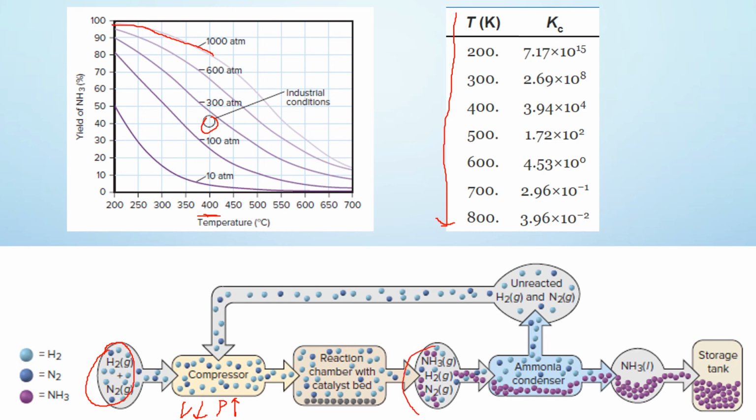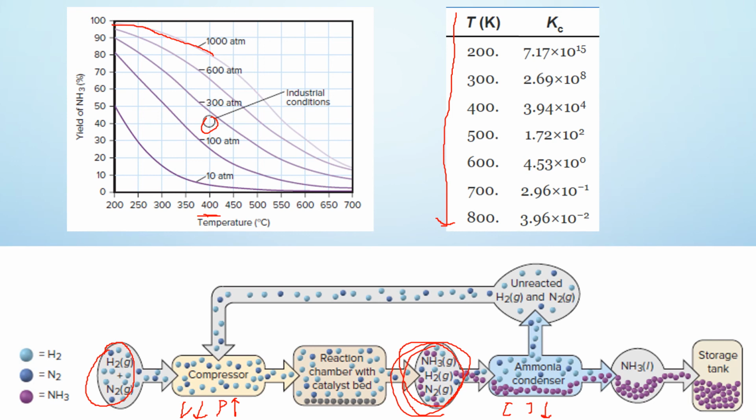In this mixture here, we have this equilibrium condition where you have ammonia, hydrogen, and nitrogen, right? Then we can condense the ammonia. That means we want to decrease the concentration of ammonia, which is our strategy number 1.